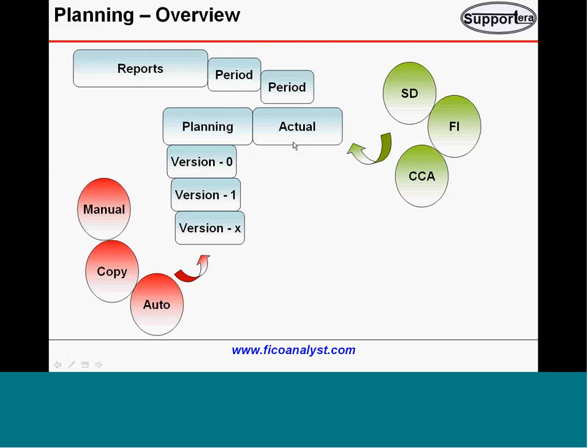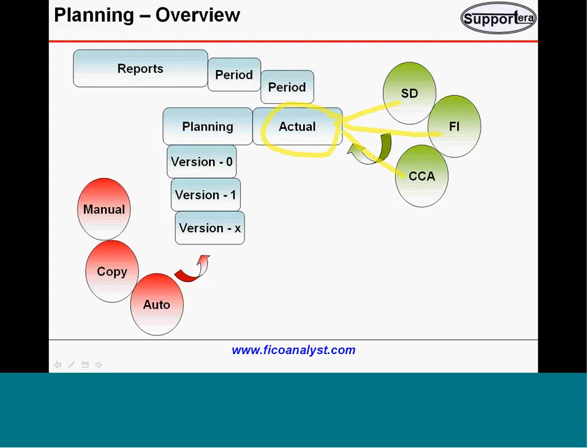One is actuals. The data obviously is coming from other modules like the SD module or FI module or cost center accounting module. Like that, actuals are continuously coming from these respective modules depending upon the process that you are executing, right?